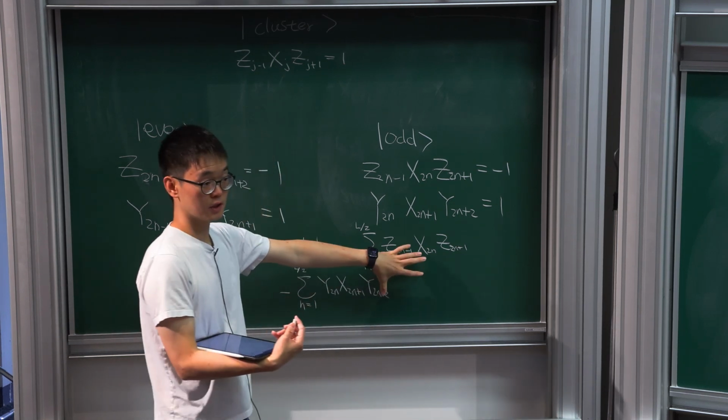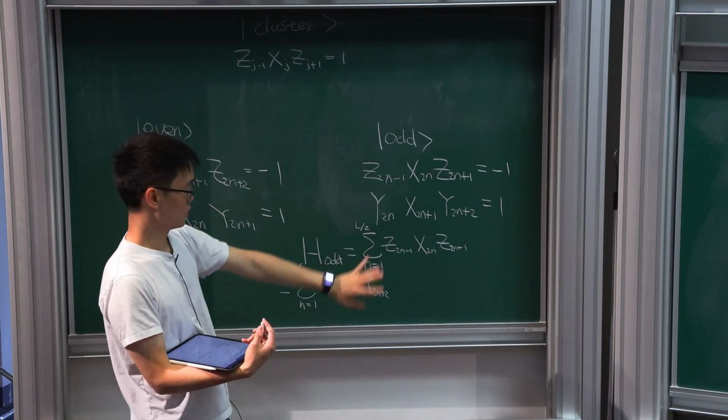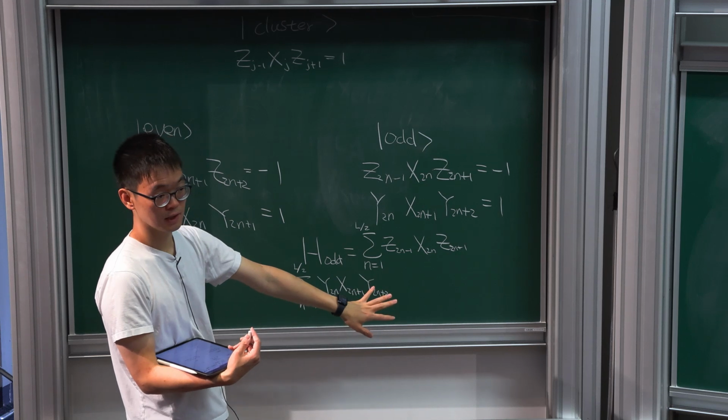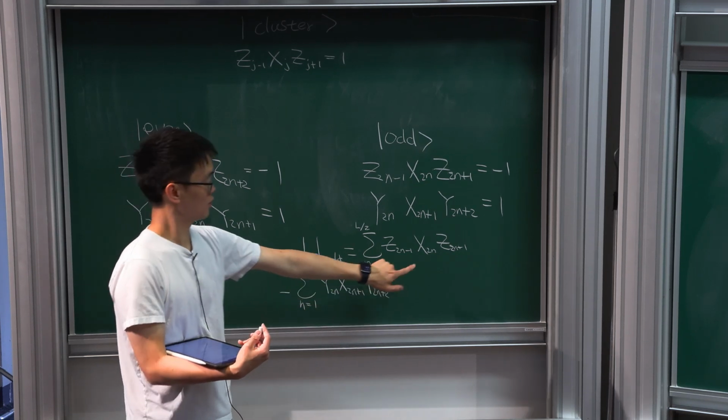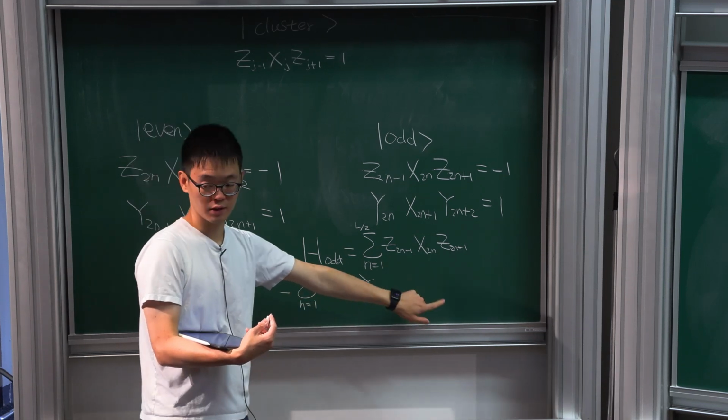So these two terms are expected because they are the stabilizers. The only issue with this Hamiltonian is that it doesn't commute with D. This term is invariant under D. This term is not. So you have to add a correction term.